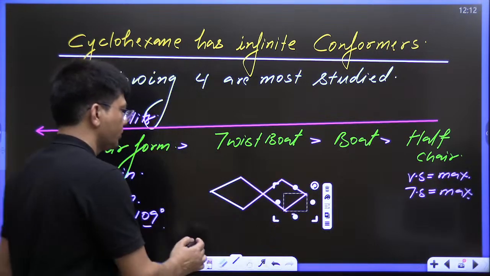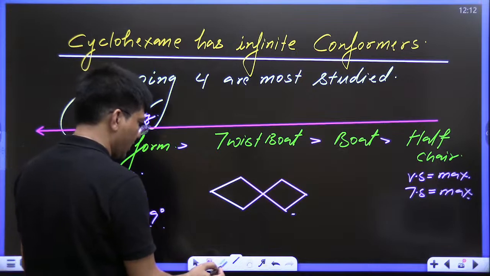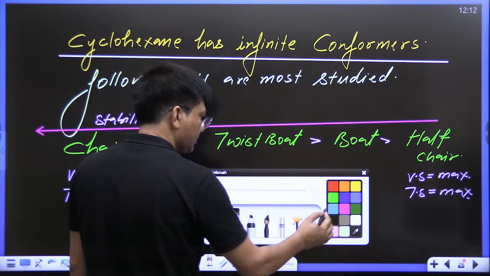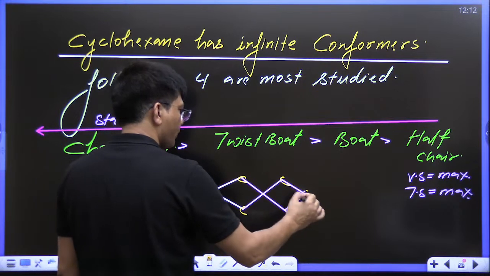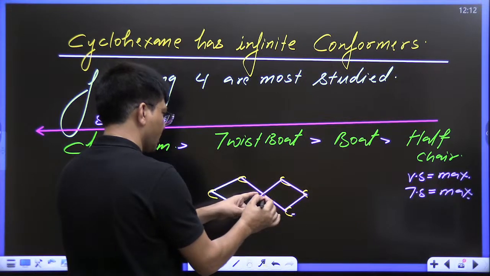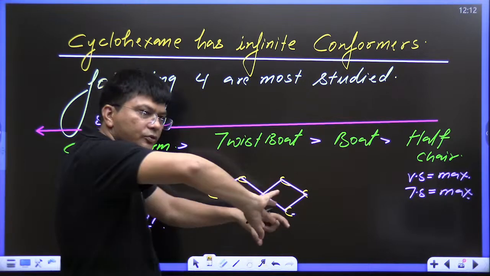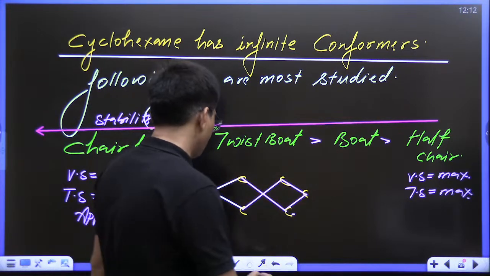How many carbons are there? You will say, sir, the number of carbons is 1, 2, 3, 4, 5, 6. Now the boat, you know very well.